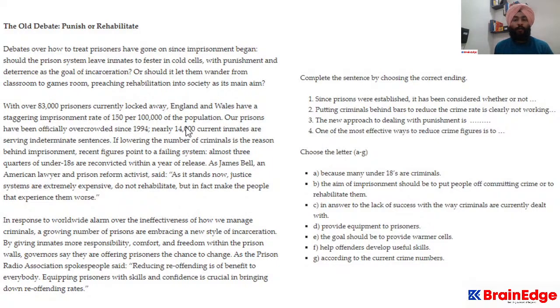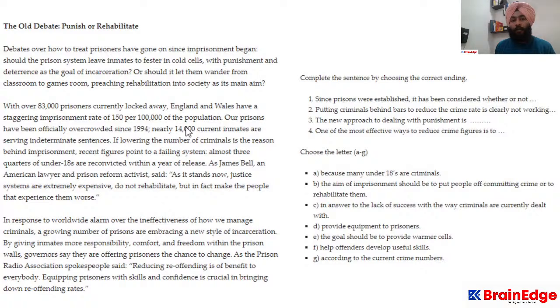As I have mentioned before, look at the beginning of the sentence and look at the full stop. But strangely, there is no full stop. There is a comma, then a question mark, and the paragraph ends here. That means this whole paragraph will be taken. Since prisons were established, since imprisonment began.